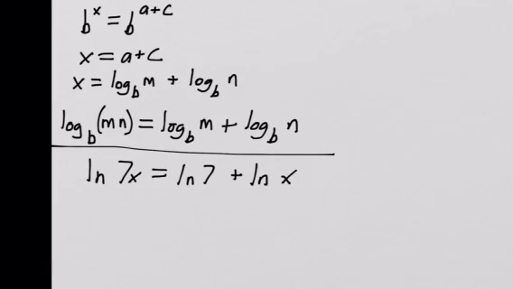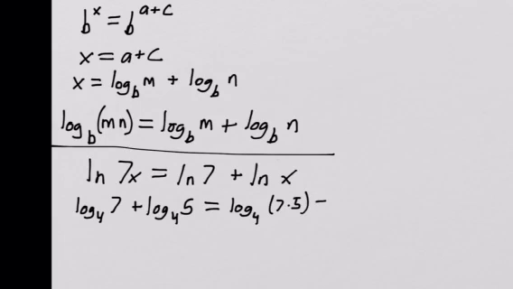If we had something like the log base 4 of 7 plus the log base 4 of 5, that's going to equal log base 4 of 7 times 5, or the log base 4 of 35.